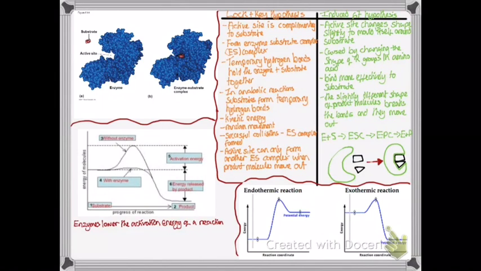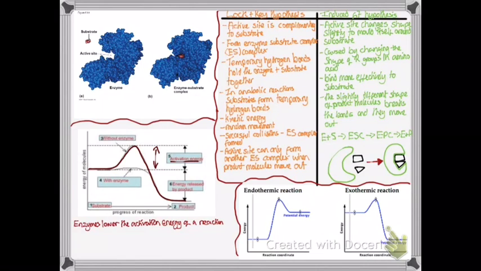I'll probably redraw the line for you so you know which one I'm talking about. So without an enzyme, we see this curve, and this bit here is our activation energy. That's the amount of energy we require to start the reaction, basically.